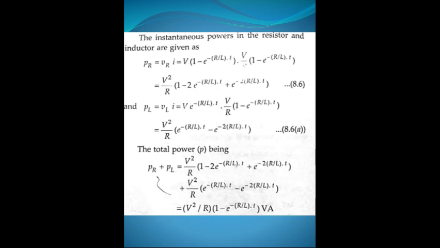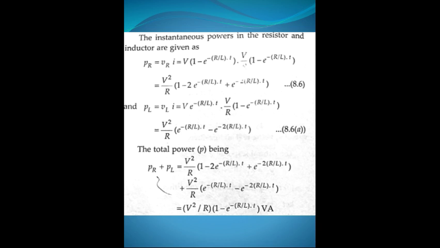Now the instantaneous power in the resistance and inductance. Power in resistance is PR, that is VR dot I. VR is V times (1 minus e to the power minus R upon L t), and I is V upon R times (1 minus e to the power minus R upon L t). So PR is V square upon R times (1 minus 2 e to the power minus R upon L t plus e to the power minus 2 R upon L t), and PL is equal to VL dot I, that is V e to the power minus R upon L t dot V upon R times (1 minus e to the power minus R upon L t).